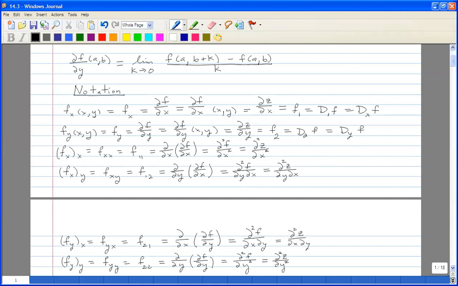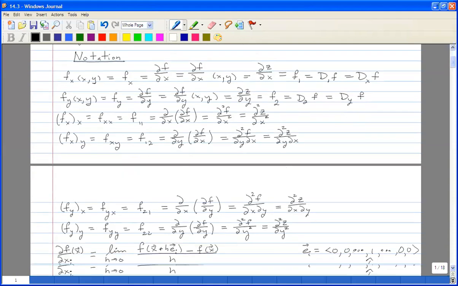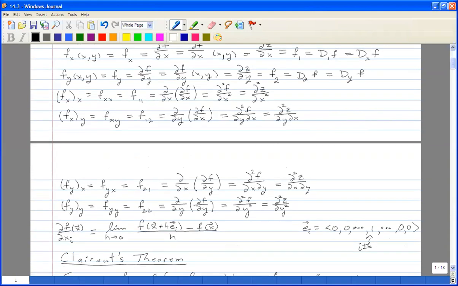Let's look at the second partials. The second partial derivative of f with respect to x, and so use the curly d notation. It's the same Leibniz notation that we used in calculus 1. It's just the partial of f with respect to x, and you take the partial of that with respect to x.